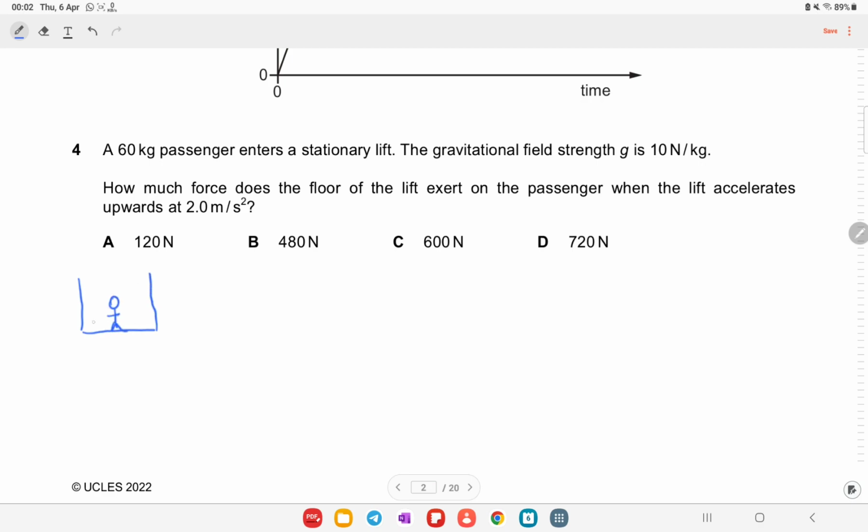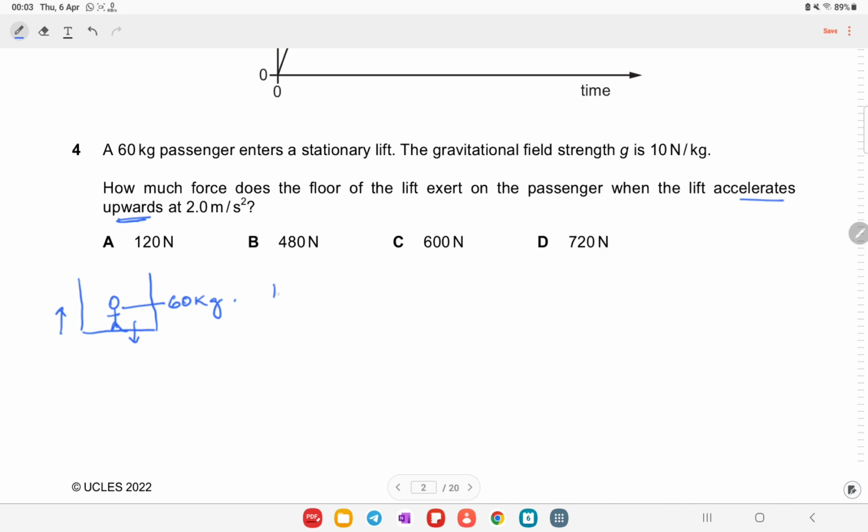This is a passenger who has a mass of 60 kg, and his weight is acting downwards. When the lift accelerates upwards, it is moving upwards, so there is another force acting upwards as well. Now we need to find this force.